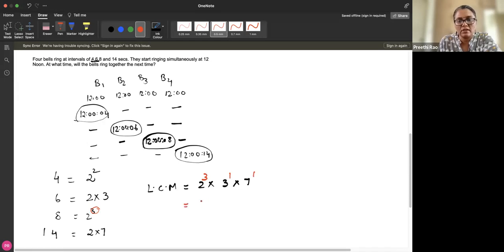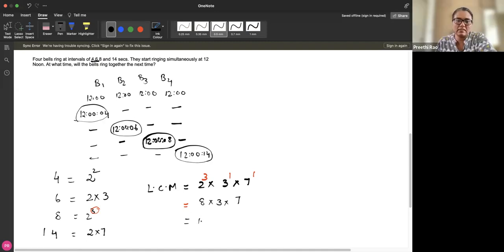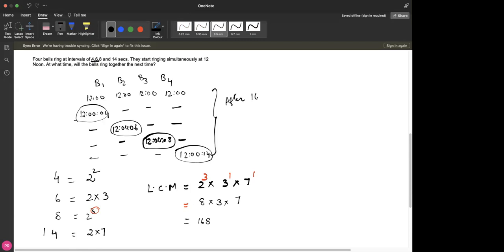So it is 8 into 3 into 7. What is 8 into 3 into 7? Ma'am, 168. 168. So the bells will ring again together after 168 seconds.